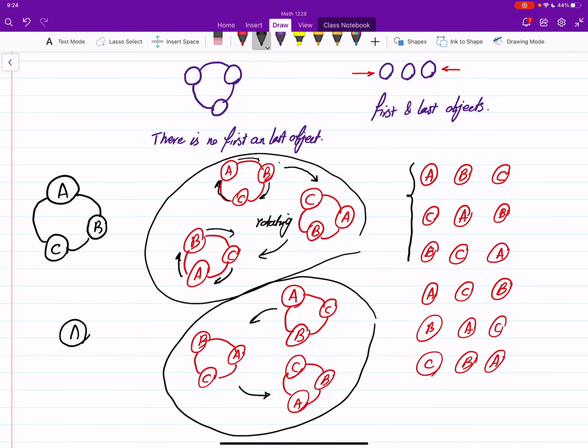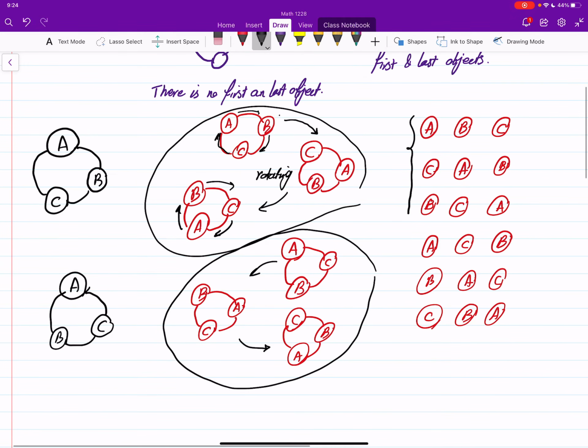But this one will give me A, C, and B here. What does this tell me? It tells me that the number of circular permutations is going to be very similar to the linear permutations, with one difference. We are going to overcount each one of the linear ones 3 times here.